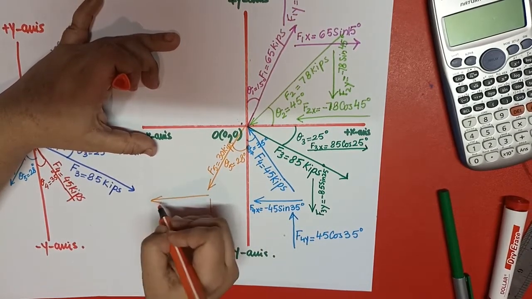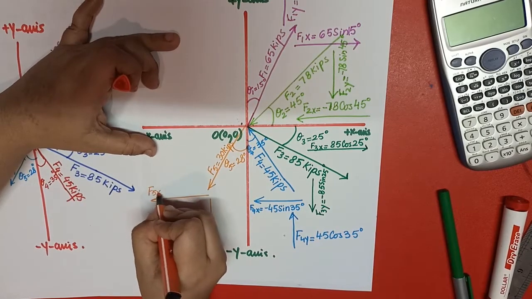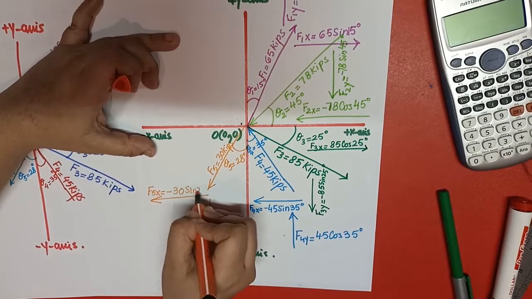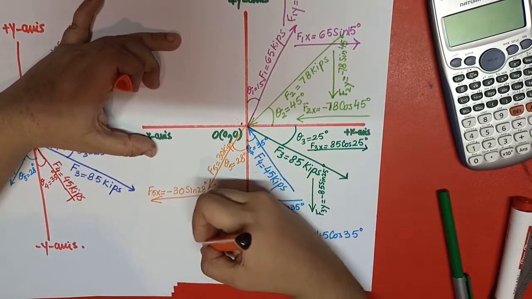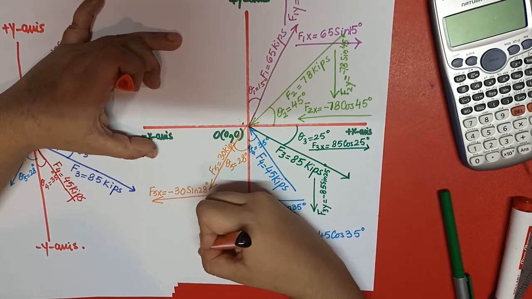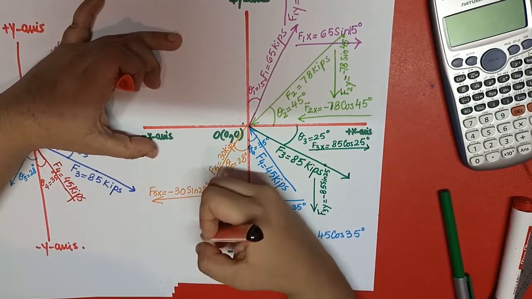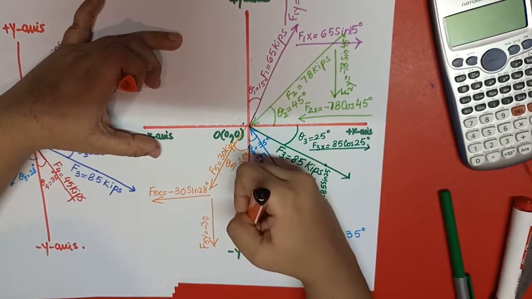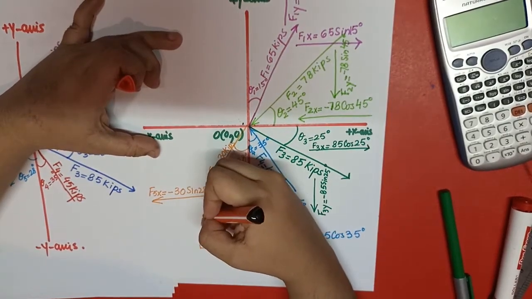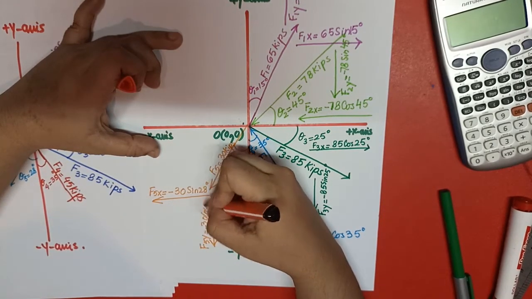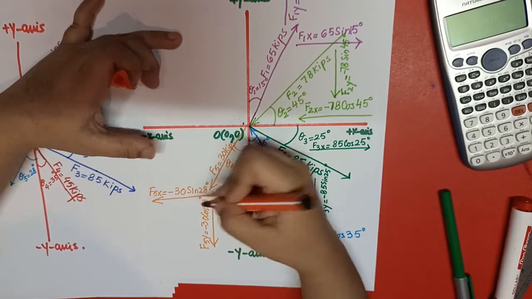F5x is equal to minus 30 sin 28 degrees, and F5y is equal to minus 30 cos 28 degrees, because it is parallel to the negative y-axis.